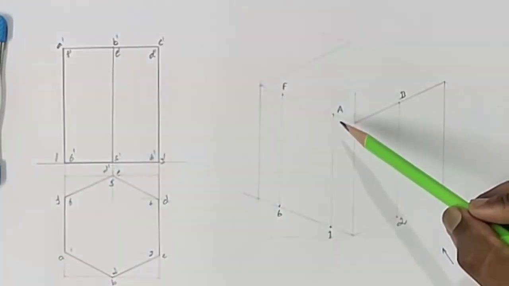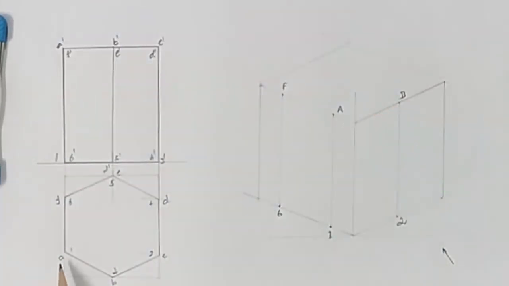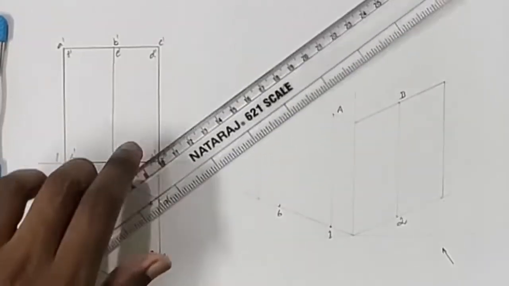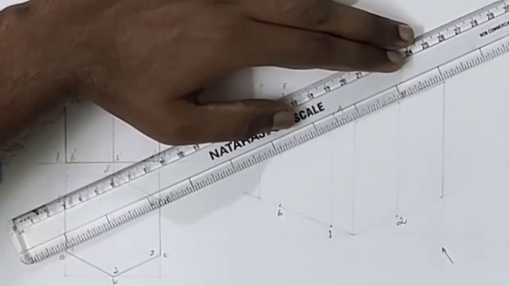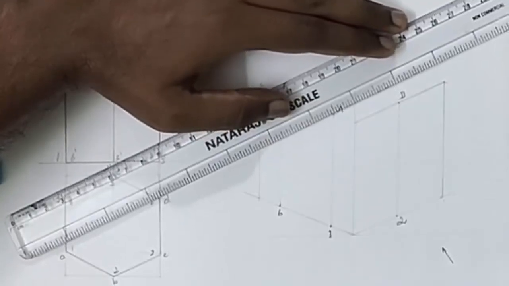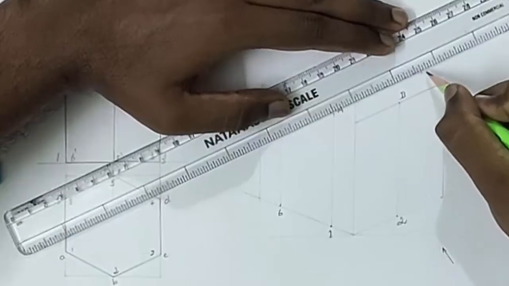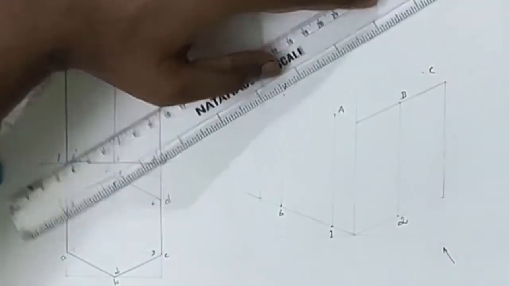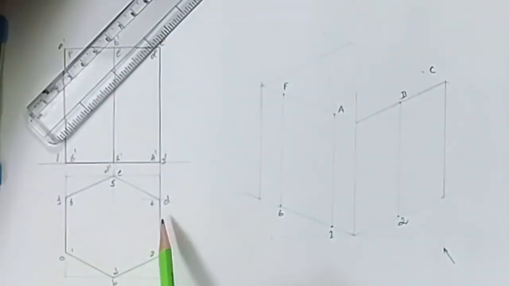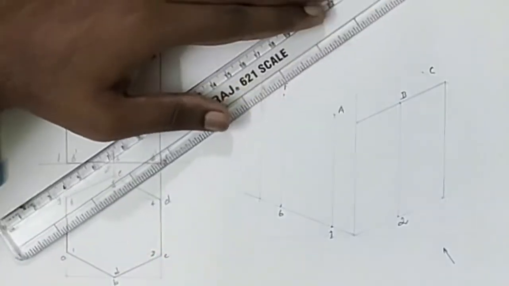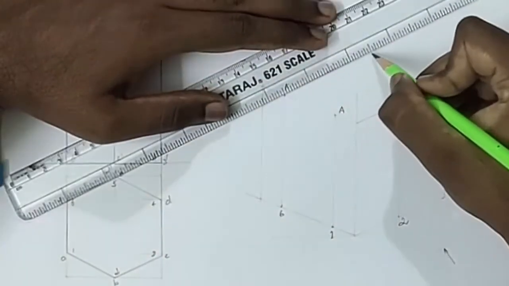Now we have to transfer the points. Exactly to the right of the point A, point C is there. So to the right of the point A, point C is here. Similarly, to the right of the point F, D is there.